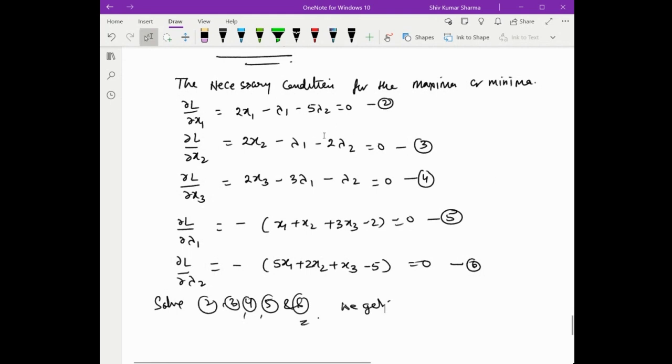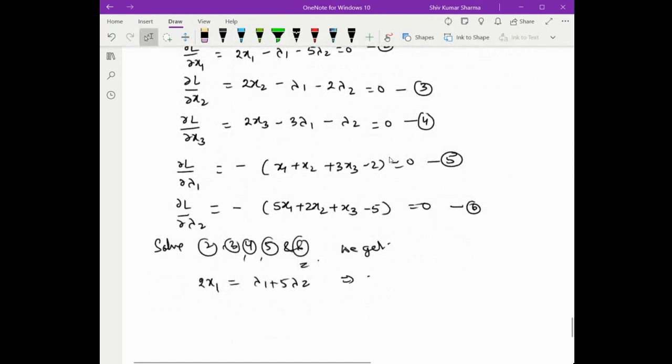So you can obtain the value of x1, x2, x3 from equations 2, 3 and 4. From equation number 2, 2x1 equal to lambda 1 plus 5 lambda 2, so x1 is lambda 1 plus 5 lambda 2 upon 2.